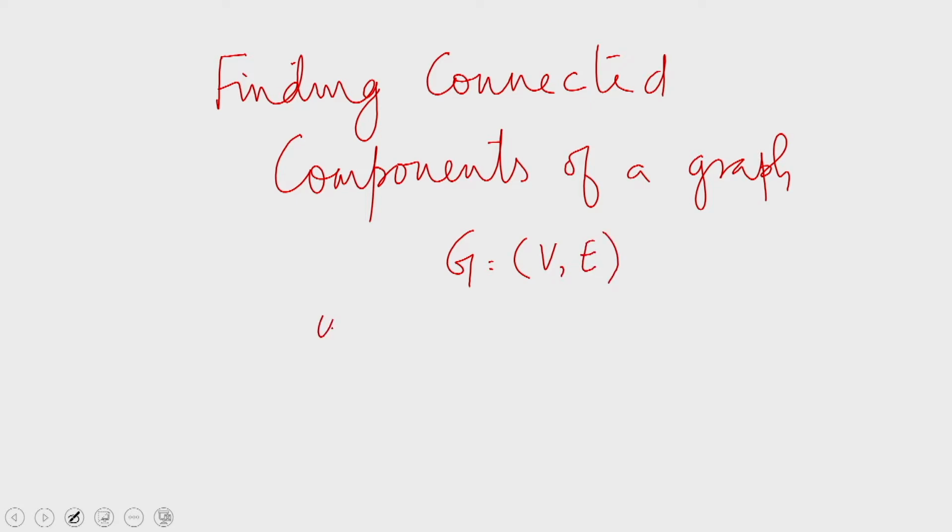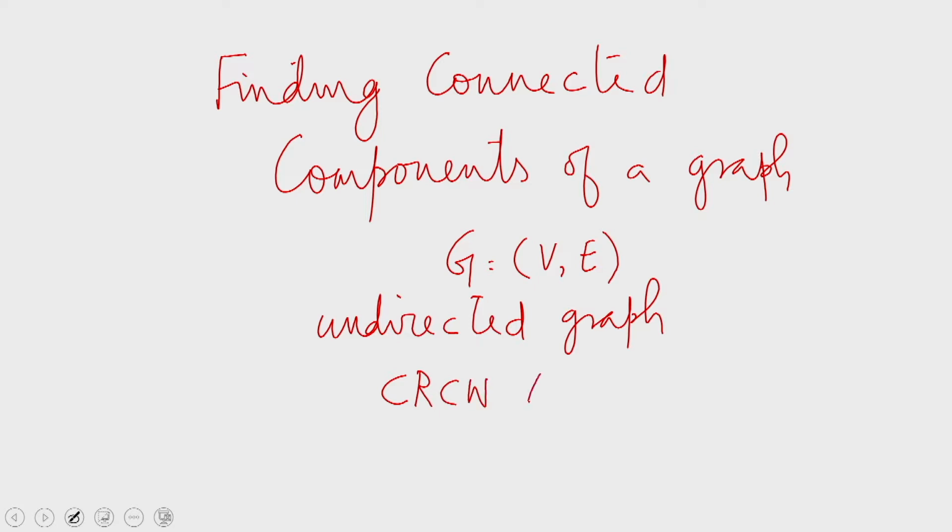So, we will assume an undirected, unweighted graph for now. And let us say the model that we are going to use is the CRCW arbitrary P-RAM.